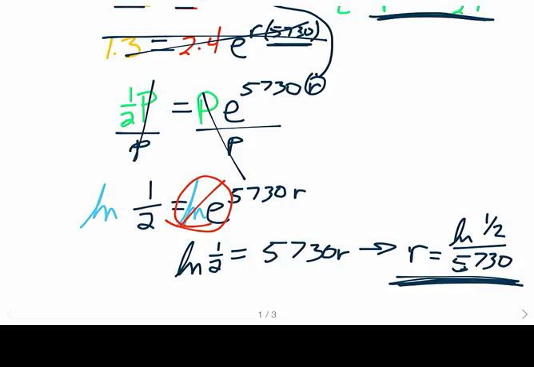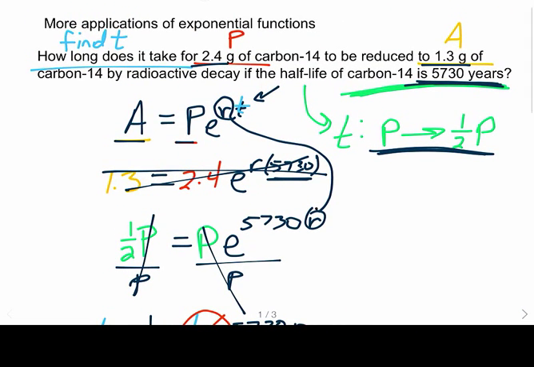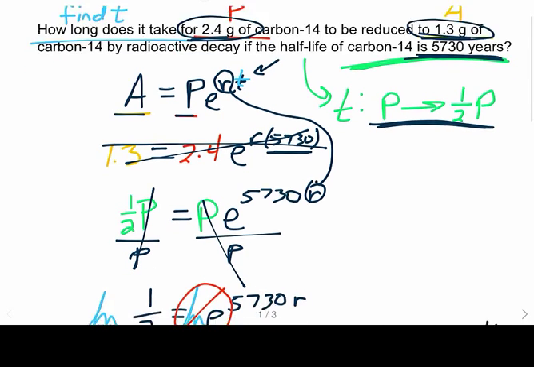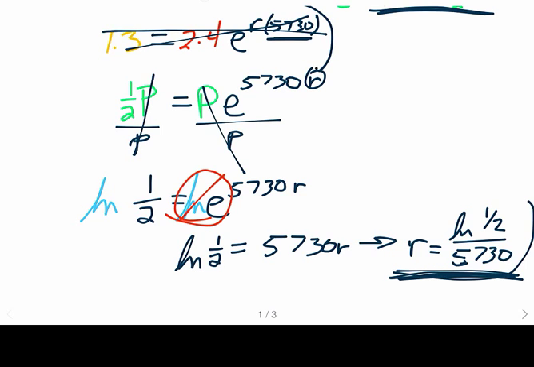Now let's go back to our original scenario. We had 2.4 grams that became 1.3 grams through radioactive decay. That rate of decay was what we just found due to the half-life.